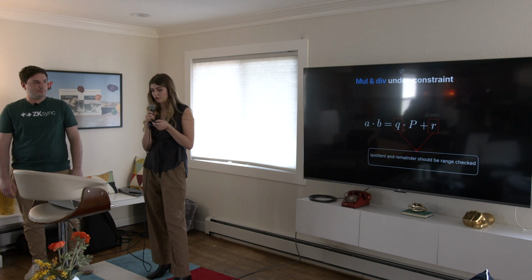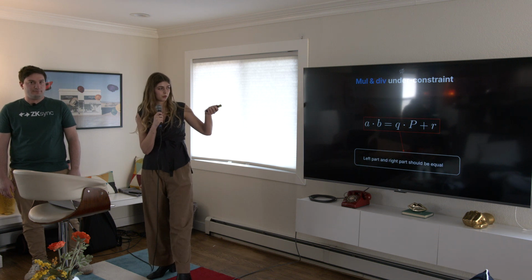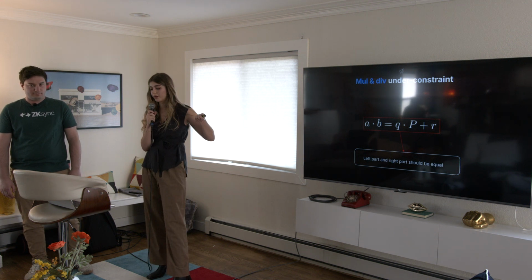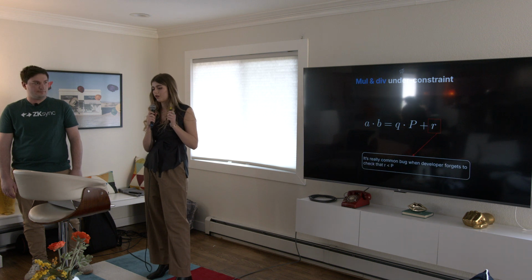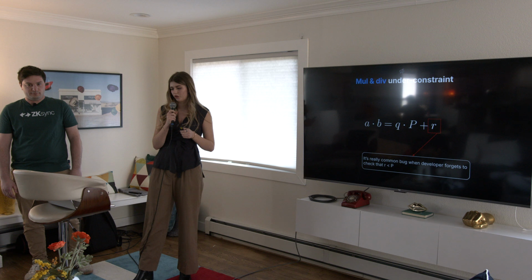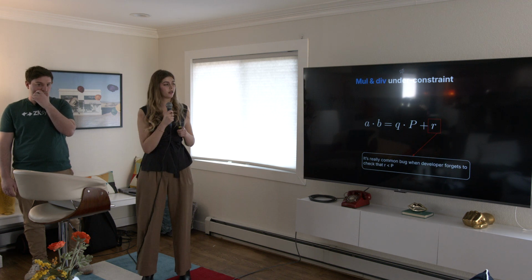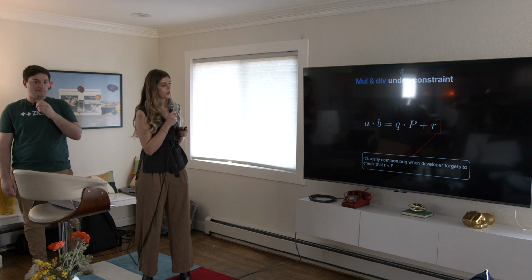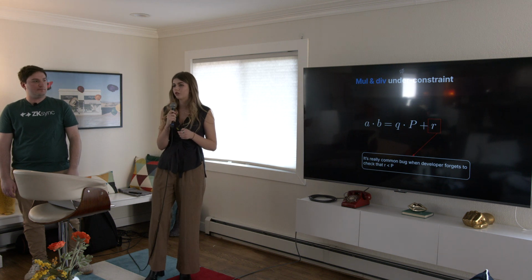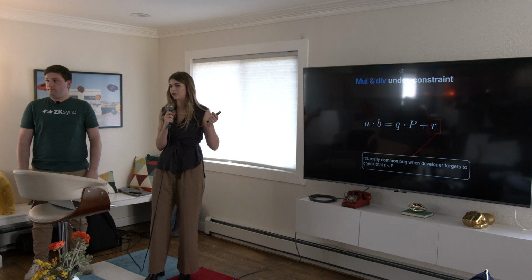It's also a common mistake to forget to prove the linear combination, that the left part equals the right part. And there is an actual common bug I want to talk about: we don't prove that the remainder is actually smaller than our modulus. Because we don't do this, we can find two variants of witnesses that satisfy those constraints.